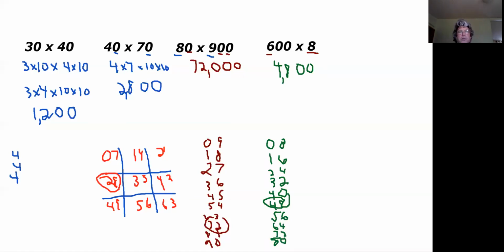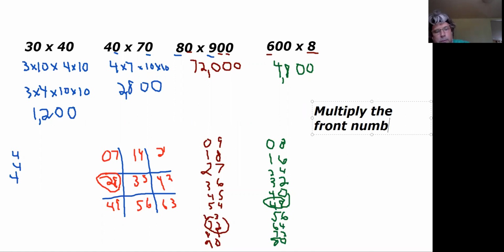So that's what it kind of boils down to. Basically all you do when you multiply is you multiply the front numbers and then remember to add in the zeros.